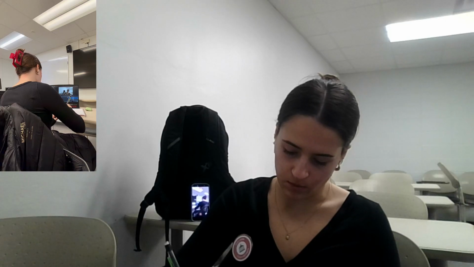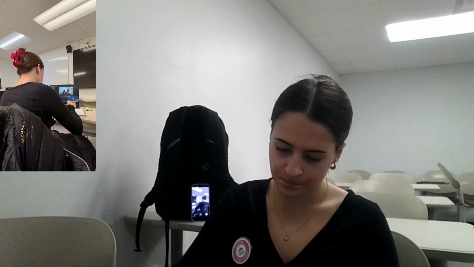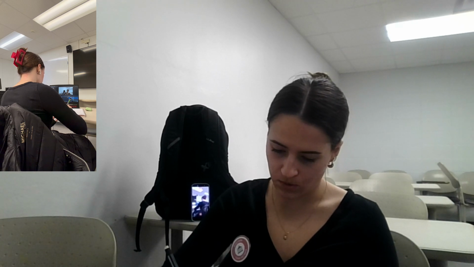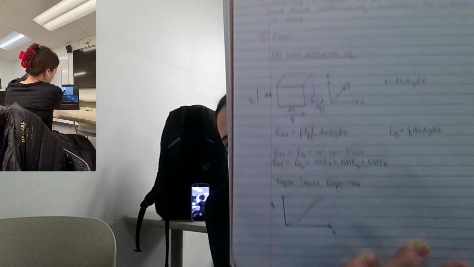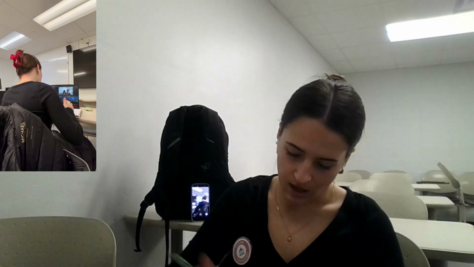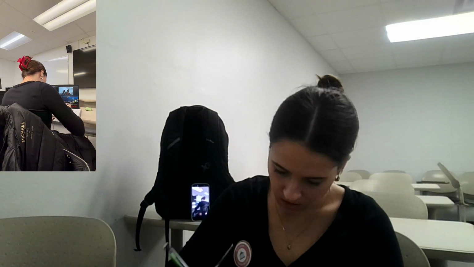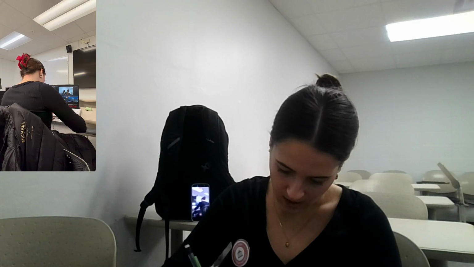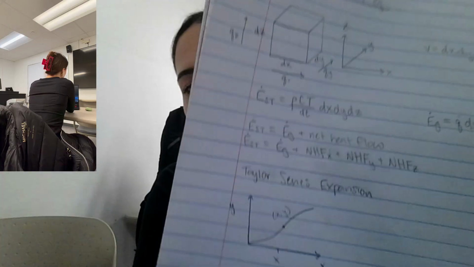So say, for example, we're looking at a function in x and y. It has some sort of funky curve. Say it looks like this. And for example, we know the value at this spot right here. So say we know what that y is. We know what the function equals.